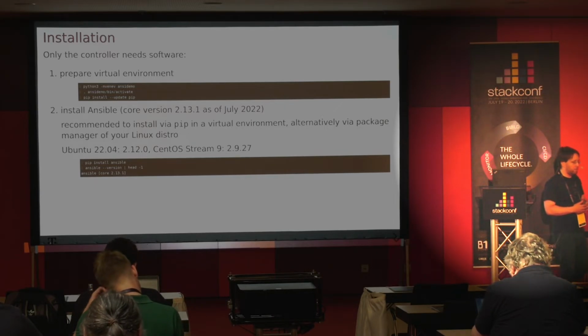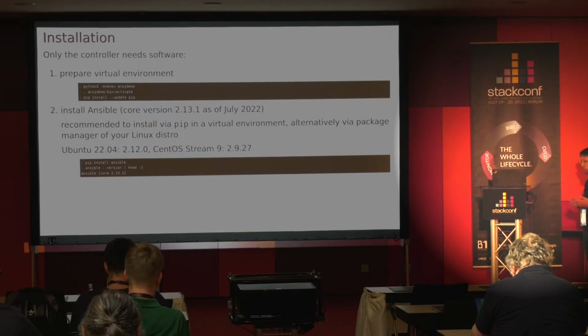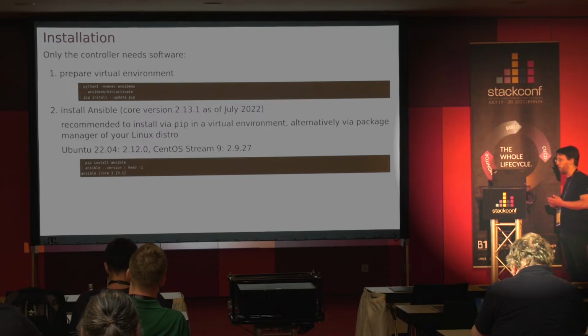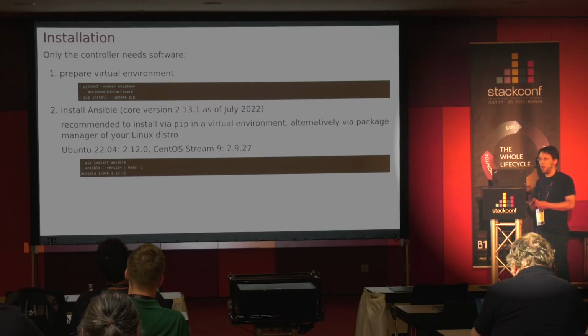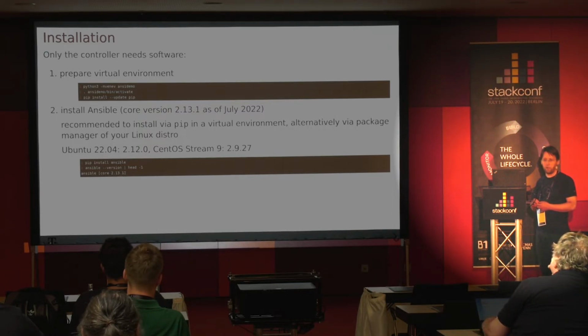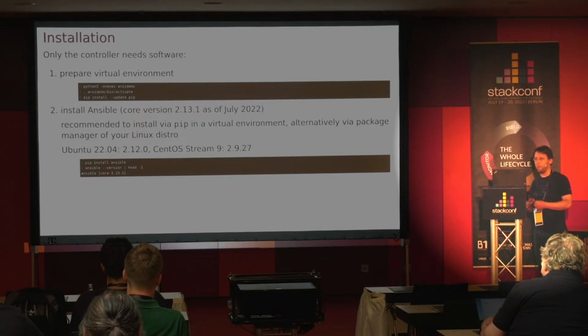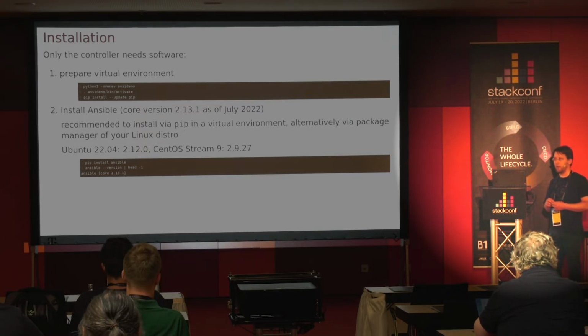I was not sure which way of installation to recommend for some time. But in the meantime, I have decided that it's probably the best idea to have tools like Ansible or the OpenStack tools run out of pip, so the PyPI repository directly, and not to use the operating system tools, which also exist.